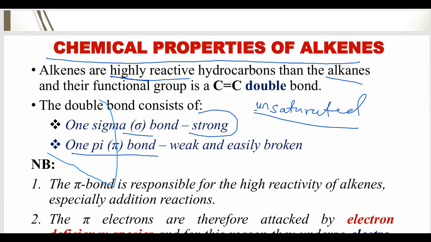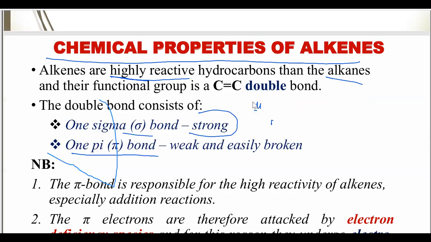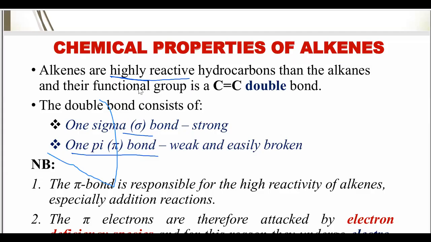I think the alkenes are more reactive than alkanes because when you look at the alkenes, they have a double bond. So that double bond is made up of two bonds. One is sigma, another one is a pi bond. We know that the pi bond is weaker than the sigma bond.